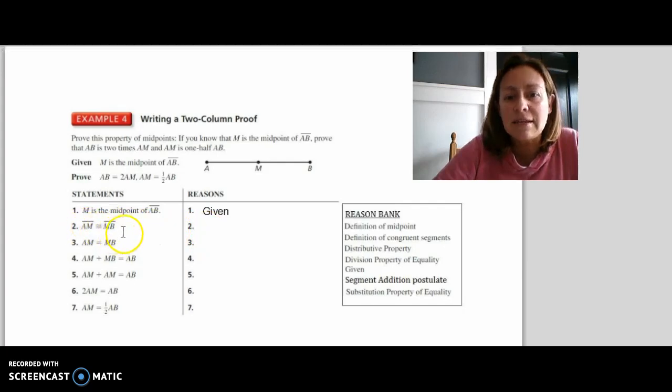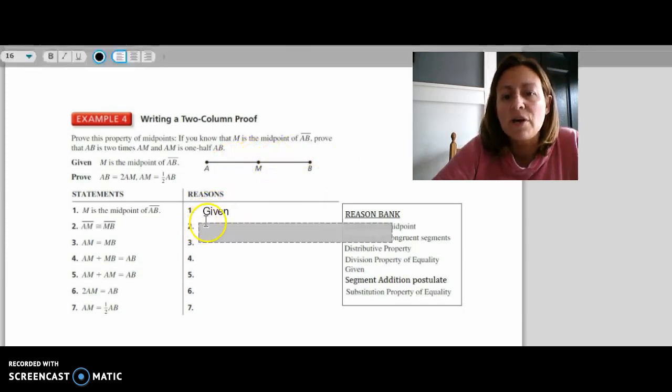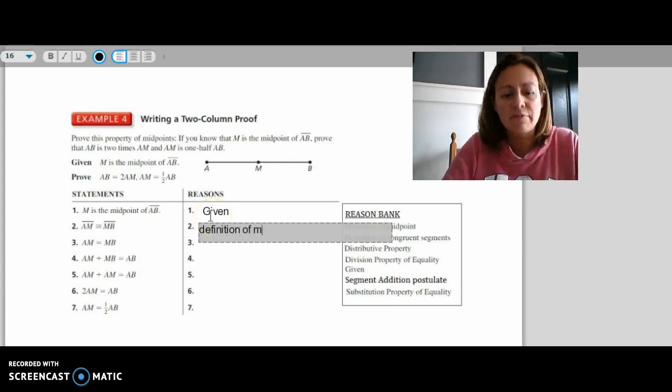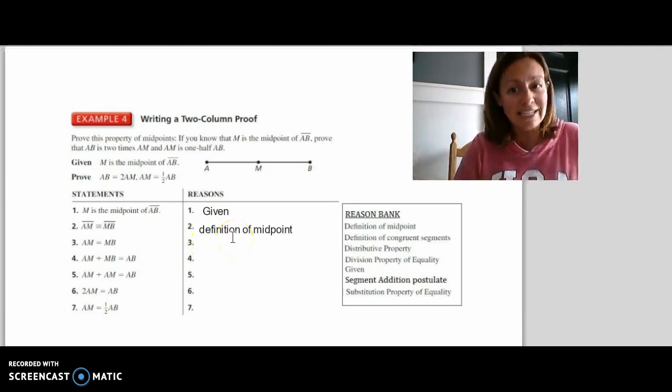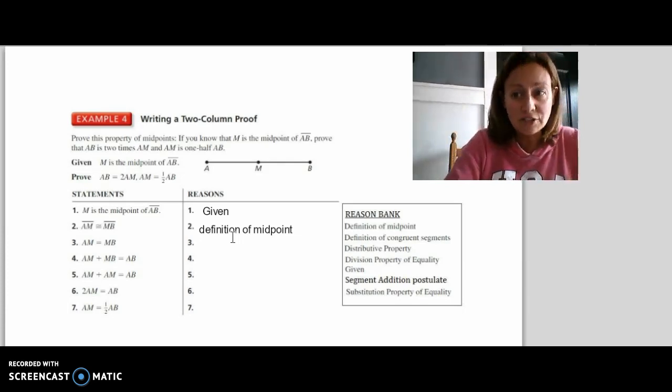The second statement here, that segment AM is congruent to segment MB, comes from knowing that M is the midpoint. The definition of midpoint tells us that if M is the midpoint, then segment AM will be congruent to segment MB. So we're just invoking some earlier definition that we already know.